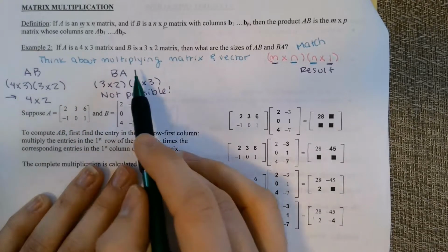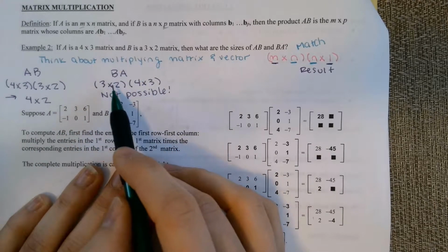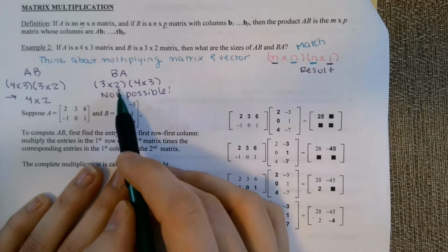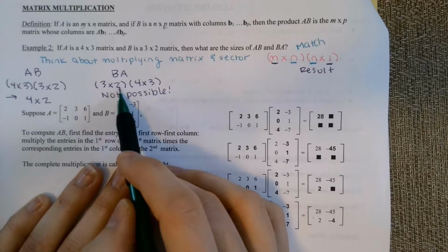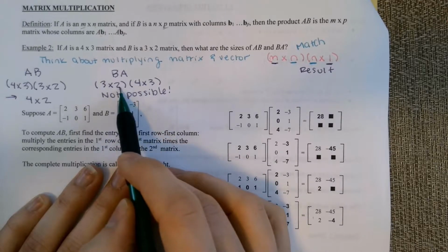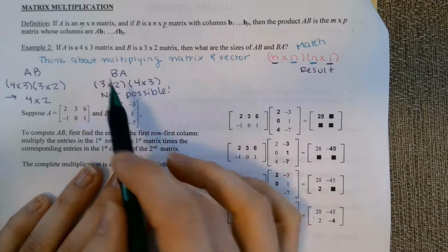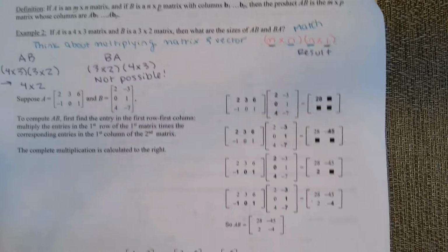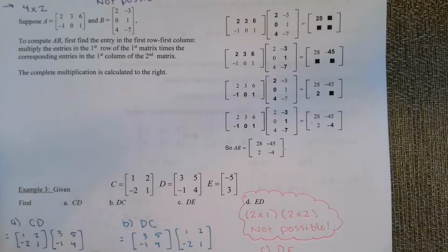If I do BA though, B is 3 by 2 and A is 4 by 3, I can't multiply these things together because the number of columns of B does not match the number of rows of A. These two need to be the same in order for us to be able to multiply this, so this is not possible.